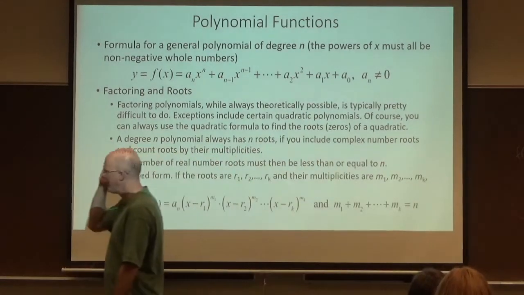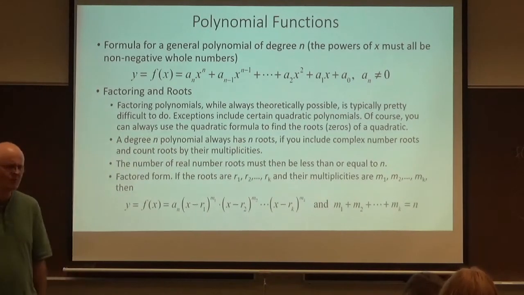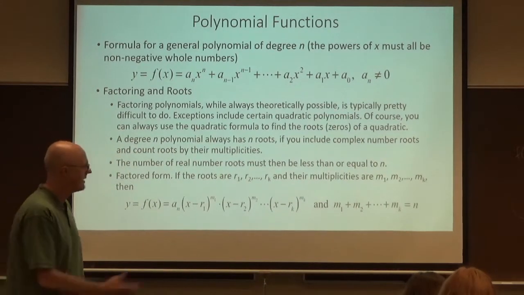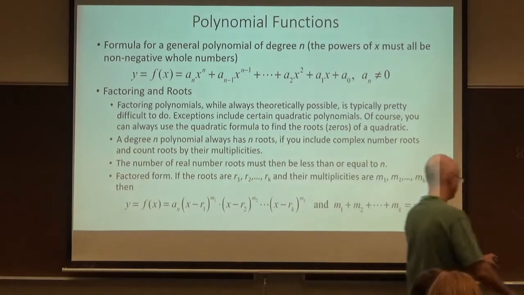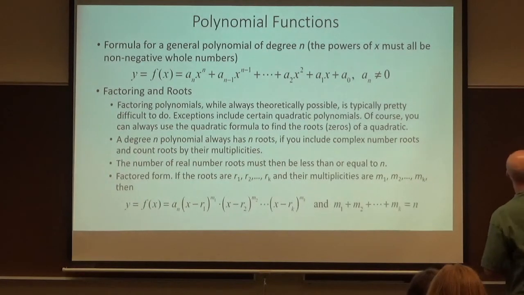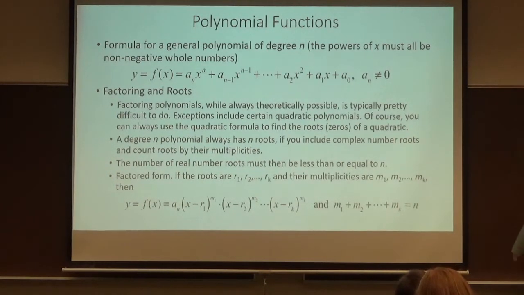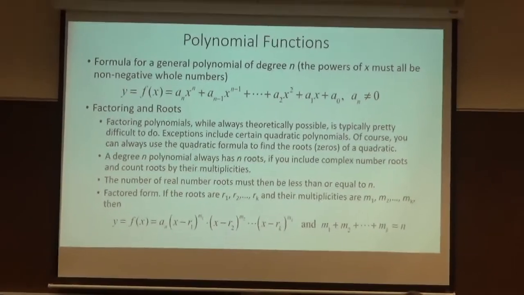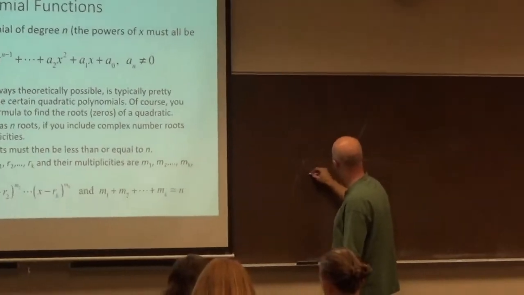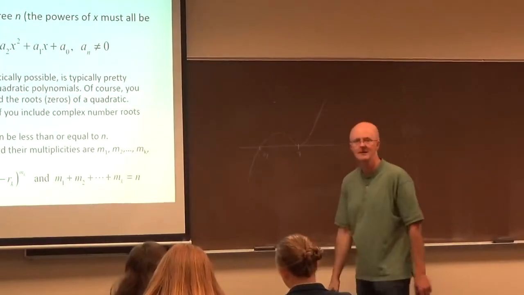What else do we want to know about polynomial functions? Well, as far as skills go, given a graph, you should be able to find a formula. So if I have a graph, let me just draw an x-axis, that looks like this, for example. Or maybe this is -3 and this is 7.